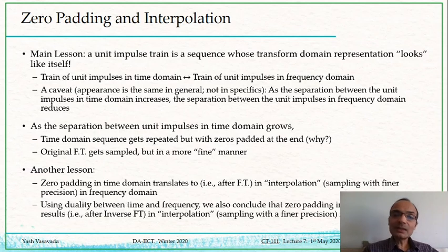So surprisingly, this concept of interpolation, which we can all appreciate very well, is again getting tied up with the periodicity and the notion of frequency transformation of a periodic signal.